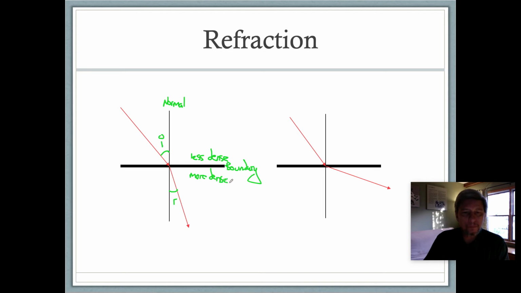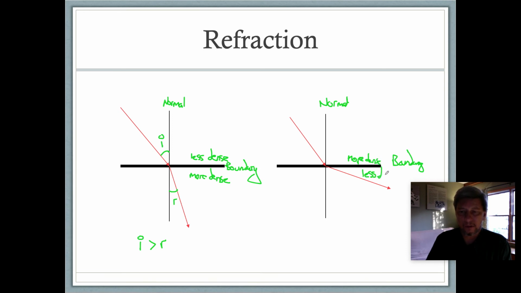And notice that in this case, the angle of incidence is greater than the angle of refraction when we travel from less dense to more dense. Now, on the other hand, we've got our normal here and a boundary here. But in this case, I've got a more dense medium and a less dense medium. Notice that they've reversed positions.